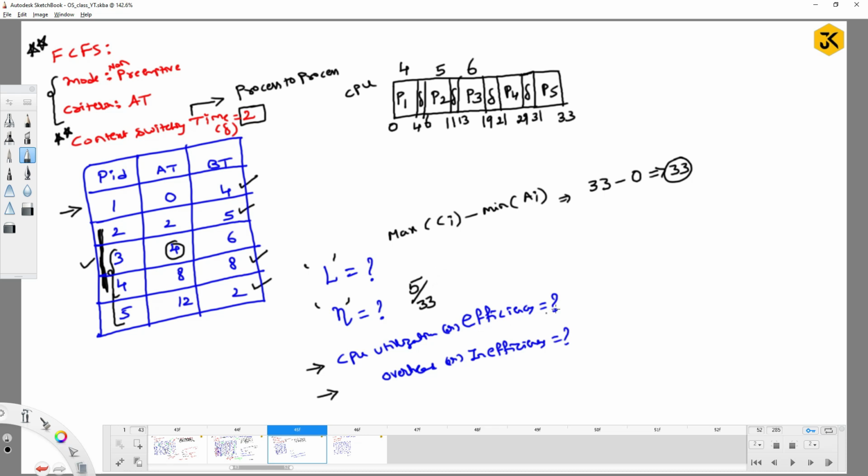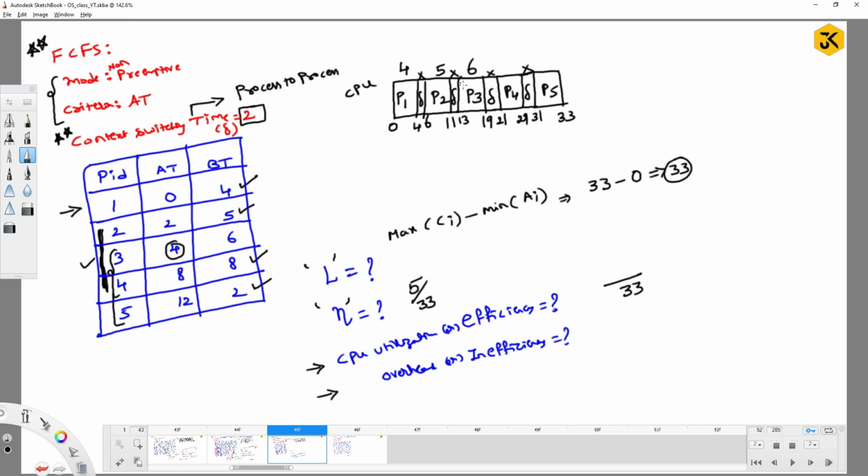Right? What is CPU utilization? The total CPU time allocated for you is 33 units. Out of these 33 units, how much time have you efficiently utilized? If you observe, the time taken to switch from process P1 to P2 is wasted. P2 to P3 is wasted. P3 to P4 is wasted. P4 to P5 is wasted. So each and every time 2 units are wasted.